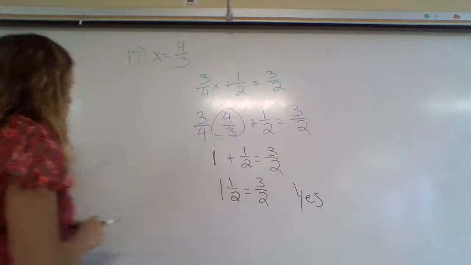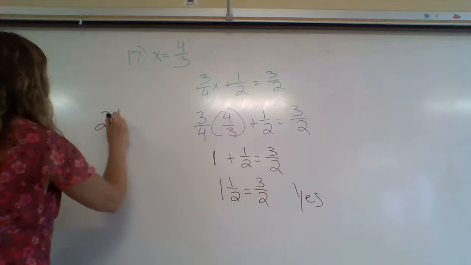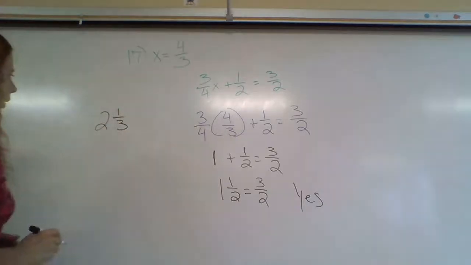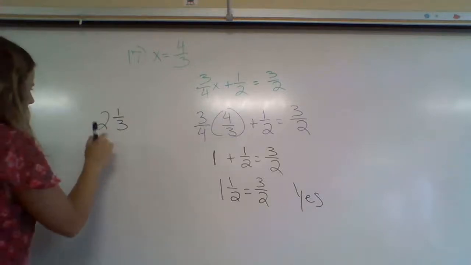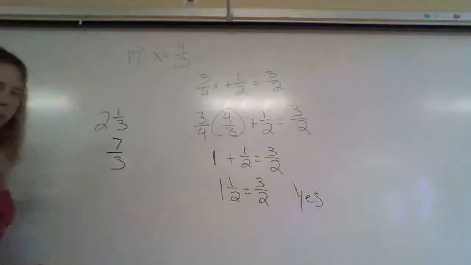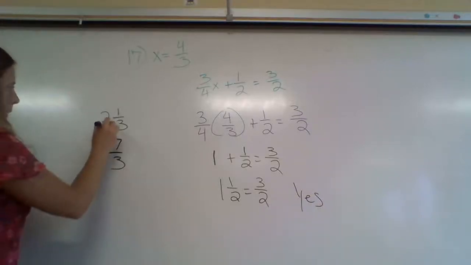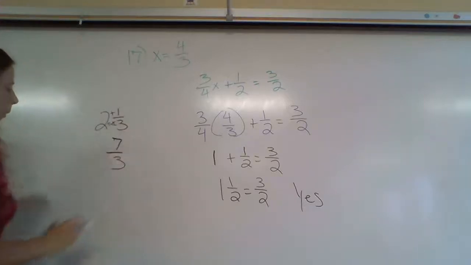Like if I had 2 and 1/3, I go 3 times 2 is 6, plus 1 is 7/3. So I multiply these, then add this plus that, and you keep your denominator the same.